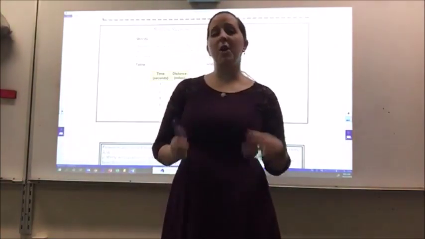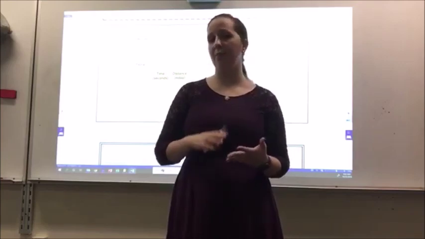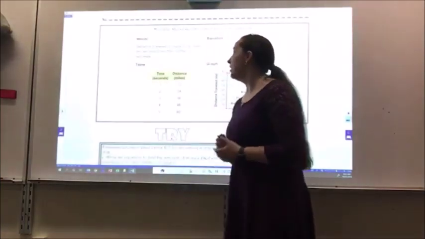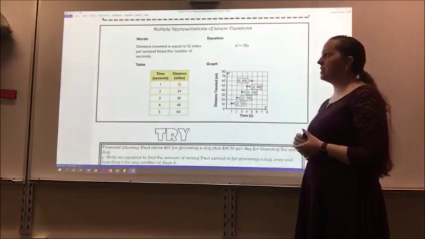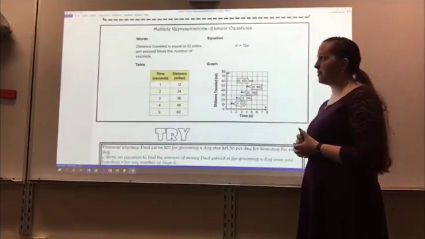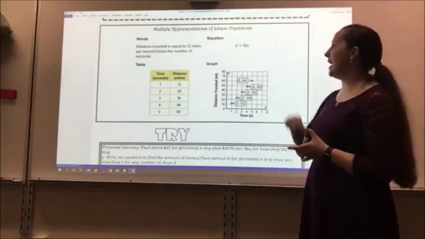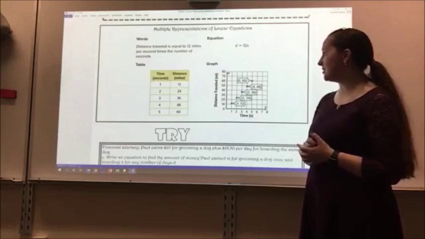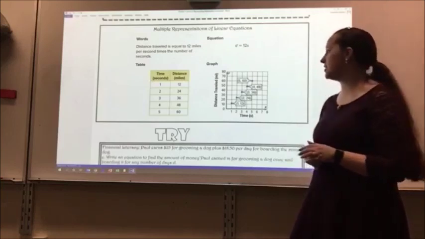Alright, so there are multiple representations of linear equations. You can use a table, a graph, or an equation to solve them. So, multiple representations of linear equations. So in words, distance traveled is equal to 12 miles per second times the number of seconds. So in my equation, I can do d equals 12s, where d represents the distance traveled and s represents the number of seconds.